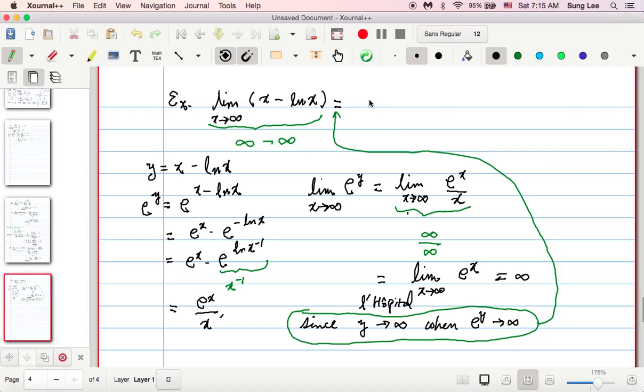So that's the answer. The reason is that y goes to infinity. Y is this guy here, right? The function. So y goes to infinity when e to the y goes to infinity. That's what we calculated, right? So this limit here is going to be infinity. So this way we can calculate the limit.